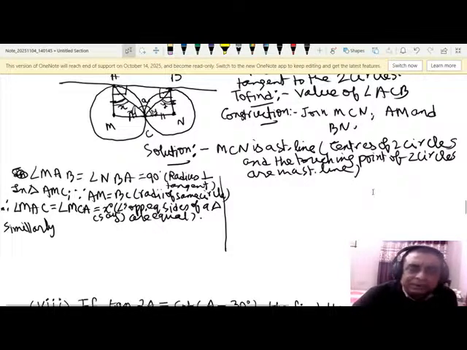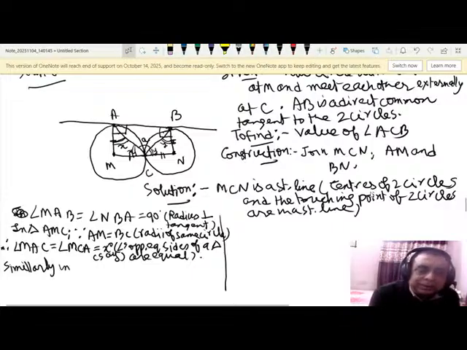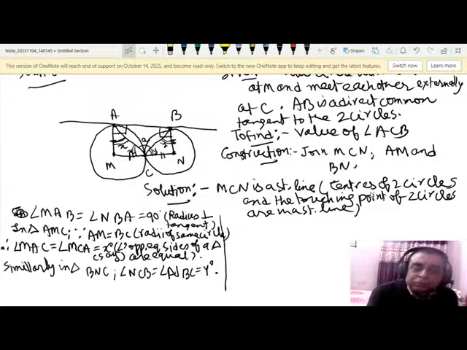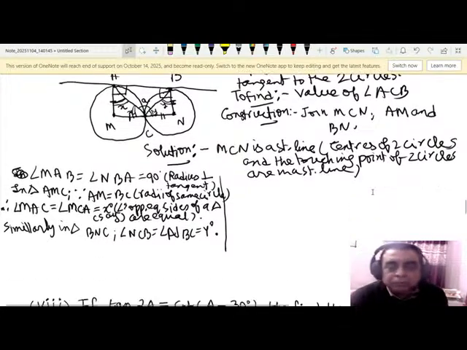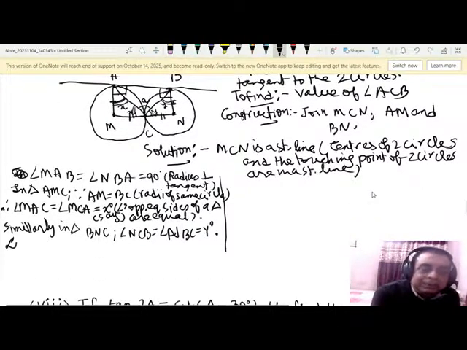So similarly in triangle BCN, angle CBN is equal to angle CNB, which is equal to y degrees, for the same reason. Now let angle ACB, whose value we want to find out, be A degrees.